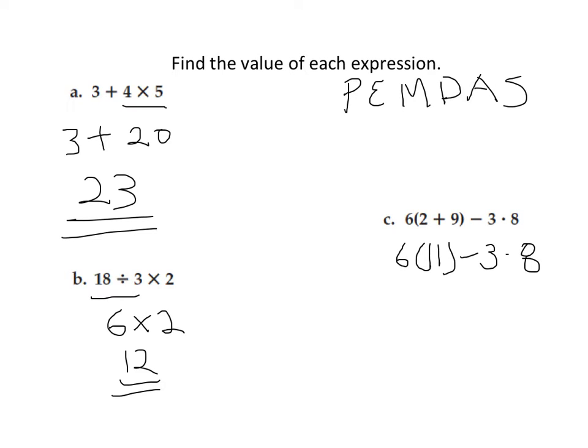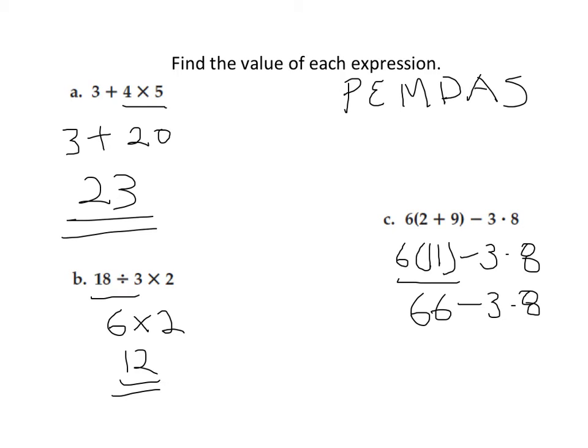According to PEMDAS, we have done inside the parentheses. Now it's to go to multiplication and division. And the first multiplication problem I see going from left to right is 6 times 11, which is 66. So I'll rewrite it. Minus 3 times 8. Now looking at the problem again, I have two operations. 66 minus 3 times 8.